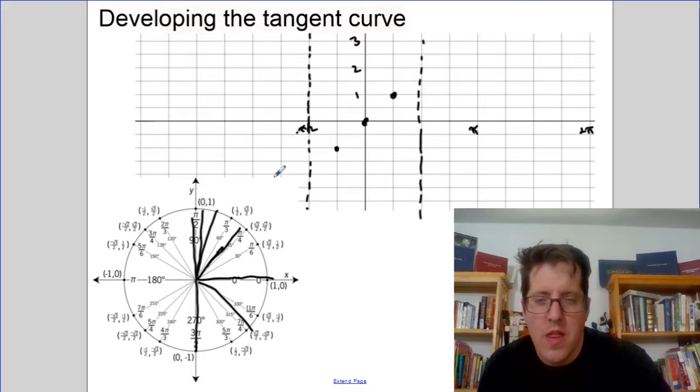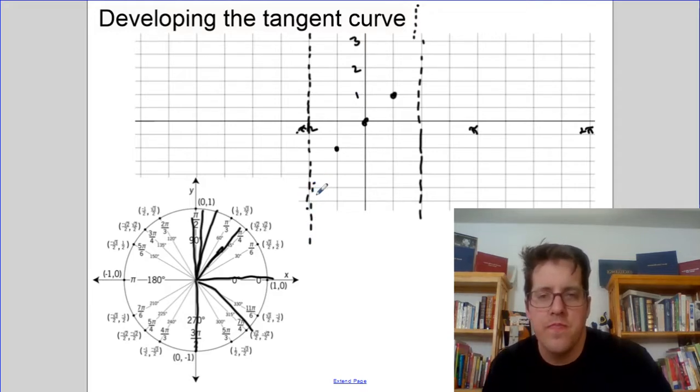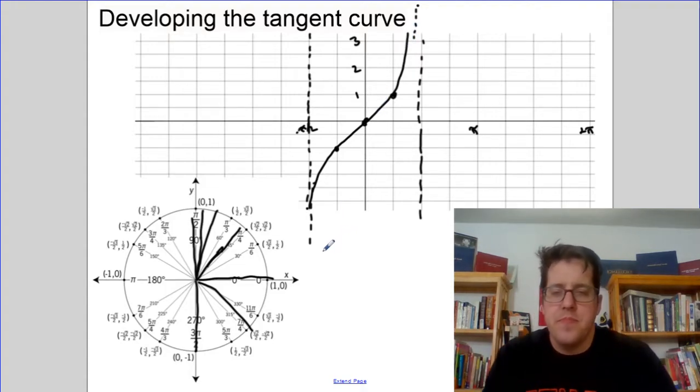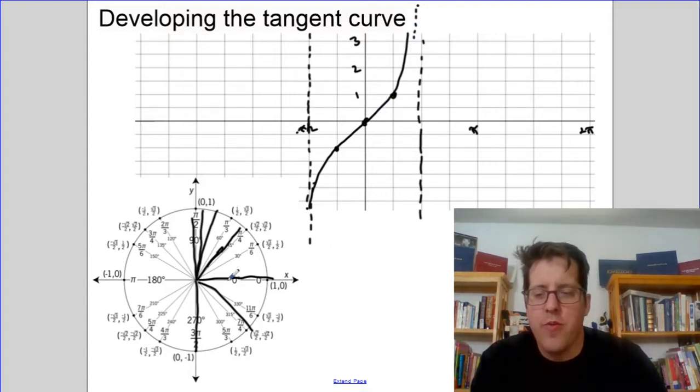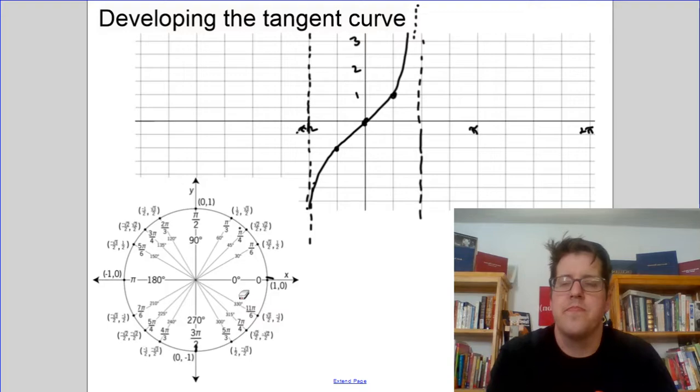But the slope is getting more and more, or less and less as we approach, which is why the tangent parent function is going to be shaped like this.